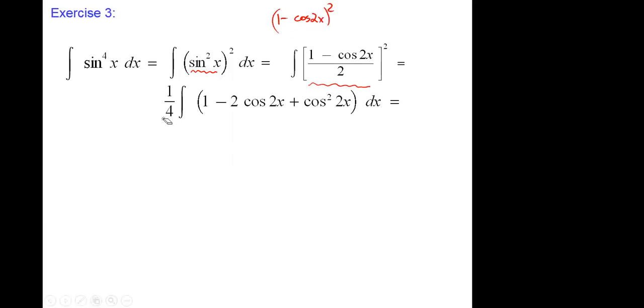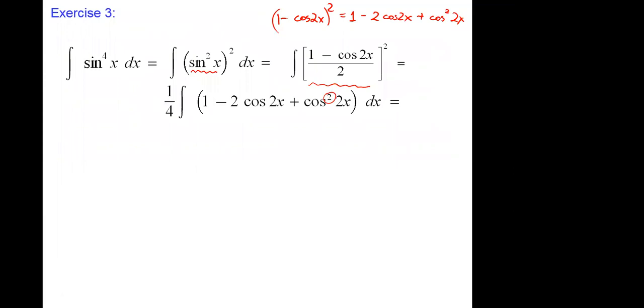We know where the 1/4 comes from. If I multiply everything, FOIL, I have 1 squared minus 2 times 1 times cosine of 2x plus cosine square of 2x. And I have this. And now I have 1, no problem. I have 2 cosine of 2x, no problem for integration, but I still have a trigonometric function taken to the power of an even number.